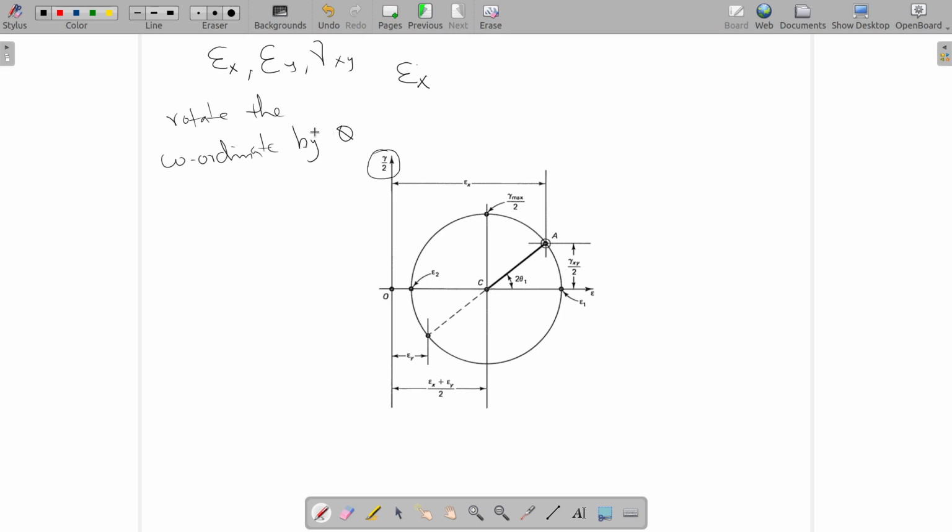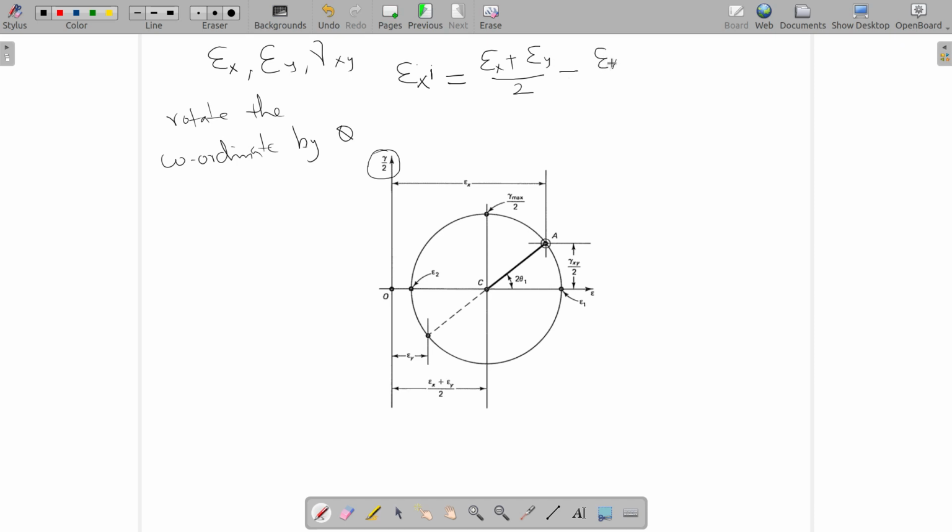So if we rotate the coordinate system by an angle theta, the new value of normal strain will be epsilon x plus epsilon y by 2. I think, if I remember the equation correctly, it's minus here or plus, I forgot.